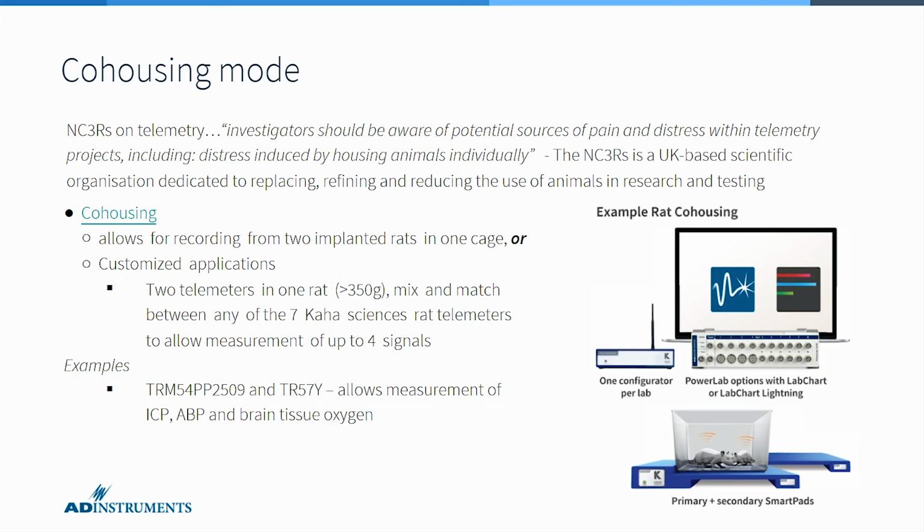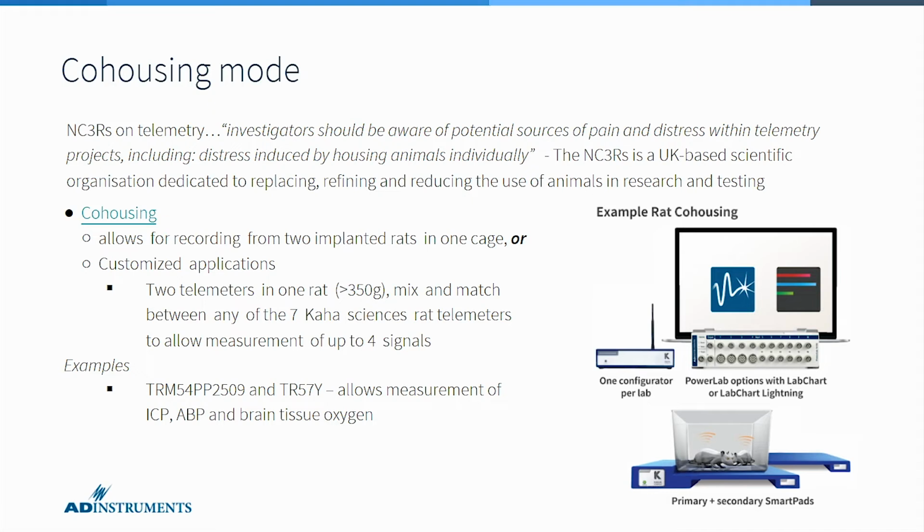There's been a lot of talk and concern from ethics committees and bodies in the past about the need to singly house animals for telemetry experiments. And this is overcome in the Kaha Sciences rat telemetry system through the co-housing mode, where you can implant two rats with telemeters and house them in the same cage and record from both telemeters simultaneously.